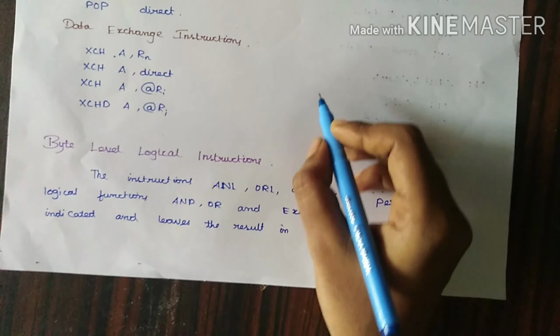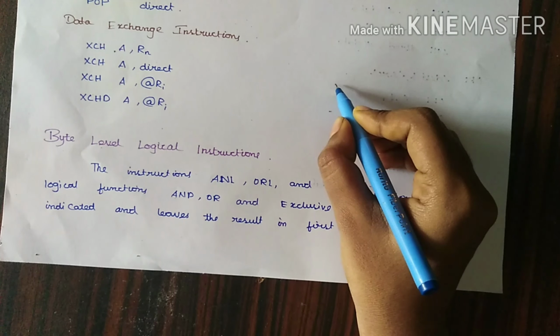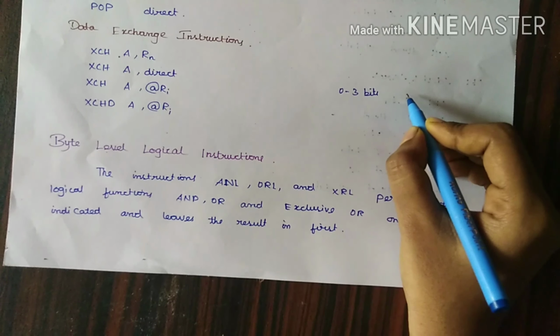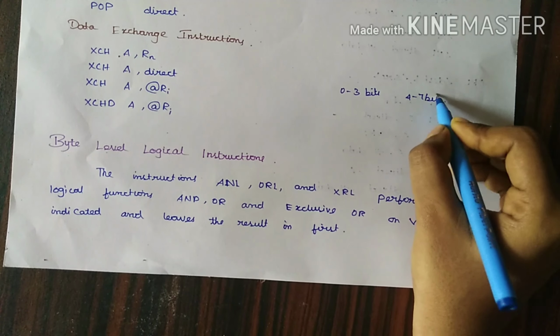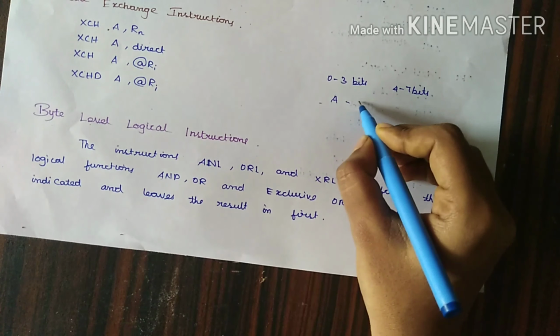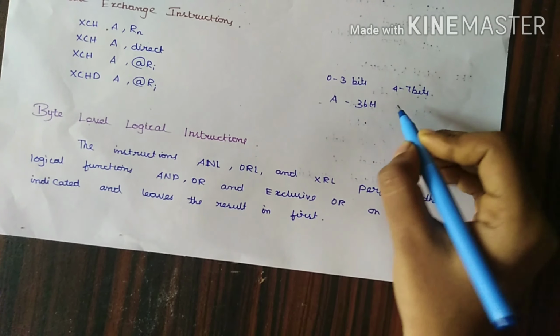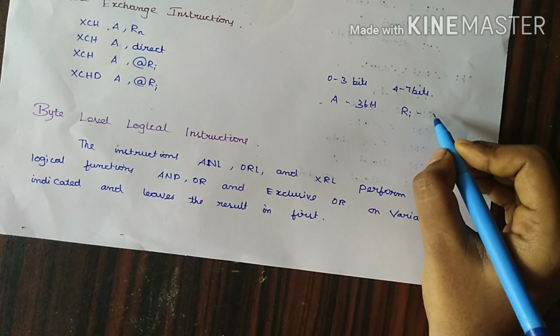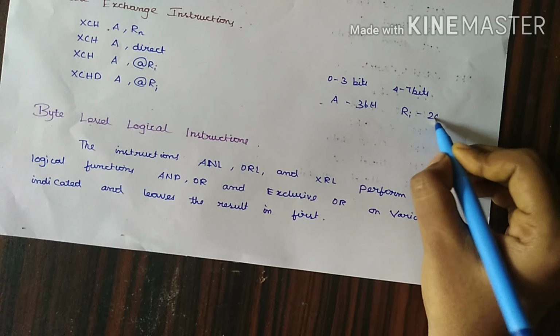For example, nibbles in the sense the bits 0 to 3 and bits 4 to 7. Here let us assume that the accumulator has the value of 36H and this Ri register contains the address of an internal RAM location, namely 20H.